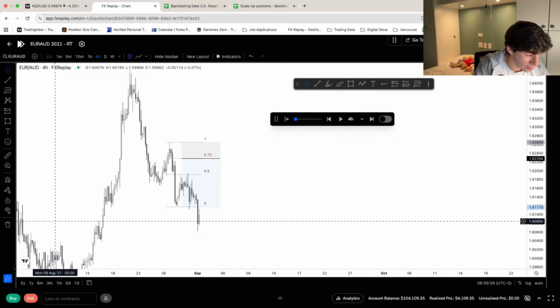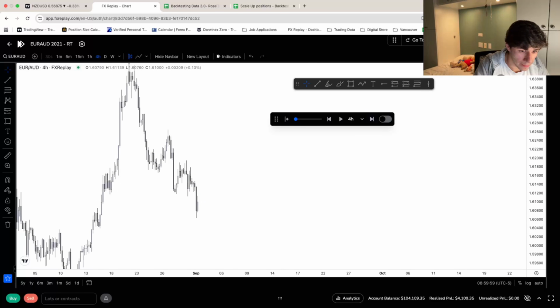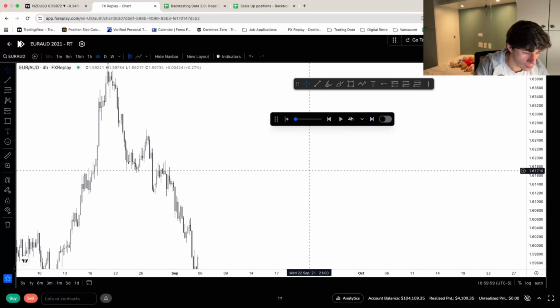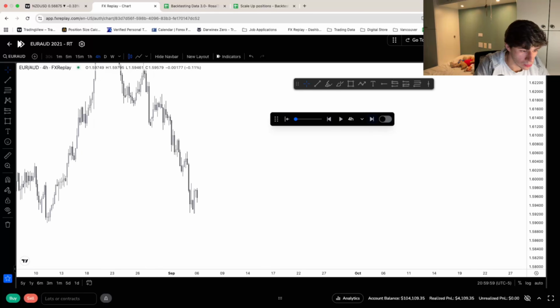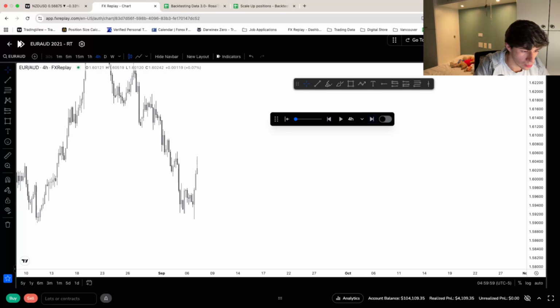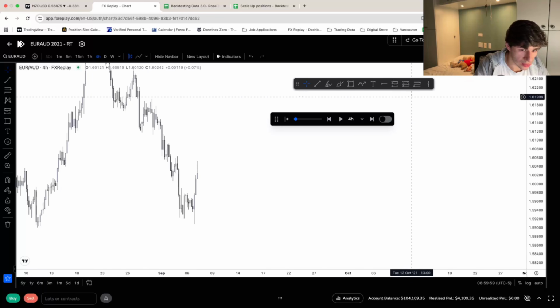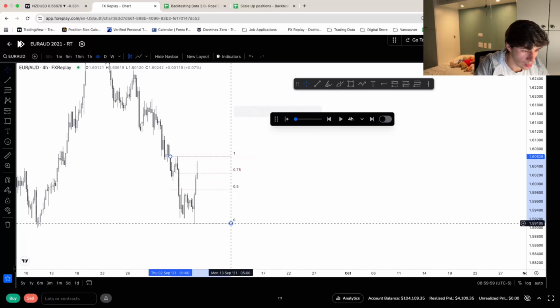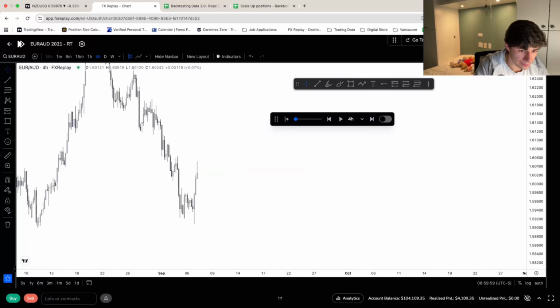Bro, price is not retracing at all in this pair. Okay, so this is not a very clean setup in my opinion, so I'm just not taking that.